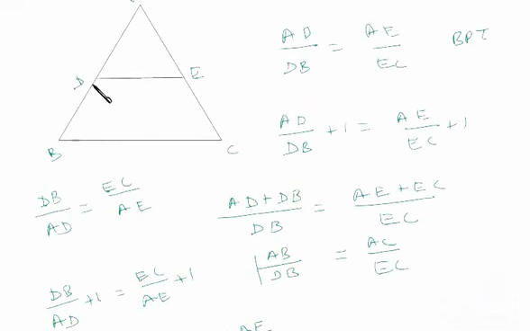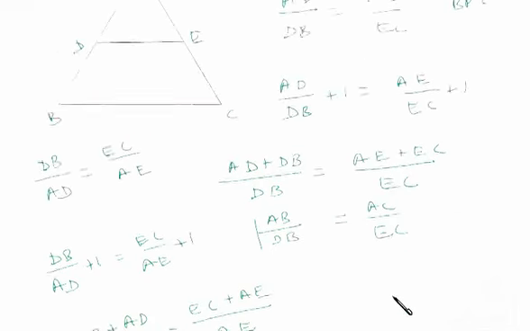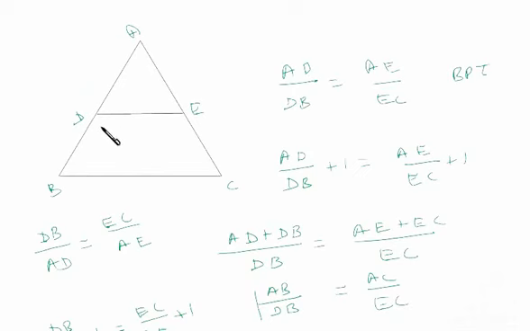Now DB plus AD is AB only. So it's AB by AD is equal to EC plus AE, which is AC, by AE, right? So this is also a result, right? So precisely if you know basic proportionality theorem, various results can be established. AD by DB is equal to AE by EC, that is the basic proportionality theorem, okay?